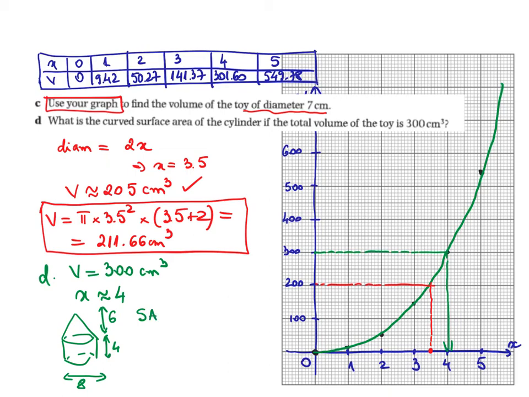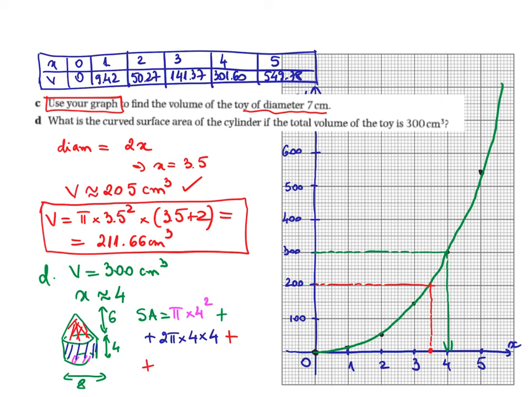Surface area is formed by the area of the base, which is pi times r squared, plus the curved area of the cylinder, the area around the cylinder, which is 2 pi times r times h, plus the surface area of a cone.